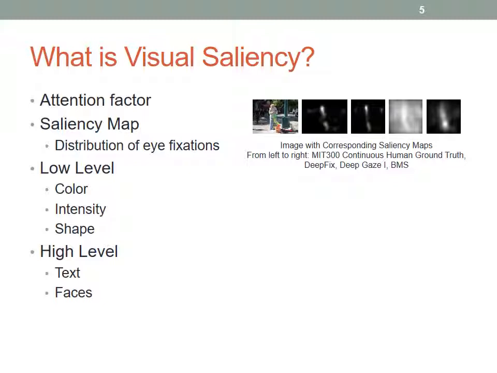Visual saliency algorithms do attack both. Most of the more immature, simpler algorithms are going to focus on the low level attributes, and the high level attributes have been known to be tackled by neural networks, and we'll go into the neural network algorithms in a second.